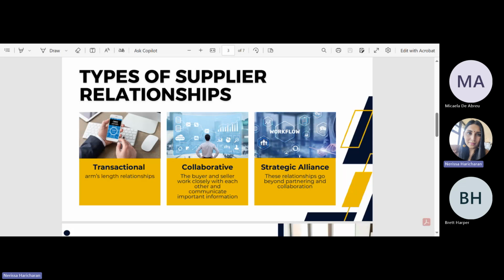And here you go far beyond any transactional or collaborative relationship. The entire goal here is to understand what the different risks and the benefits are between both the businesses. So whether it's from a supplier perspective or a buyer's perspective, you need to understand what the risk and the benefit is for both in this partnership.